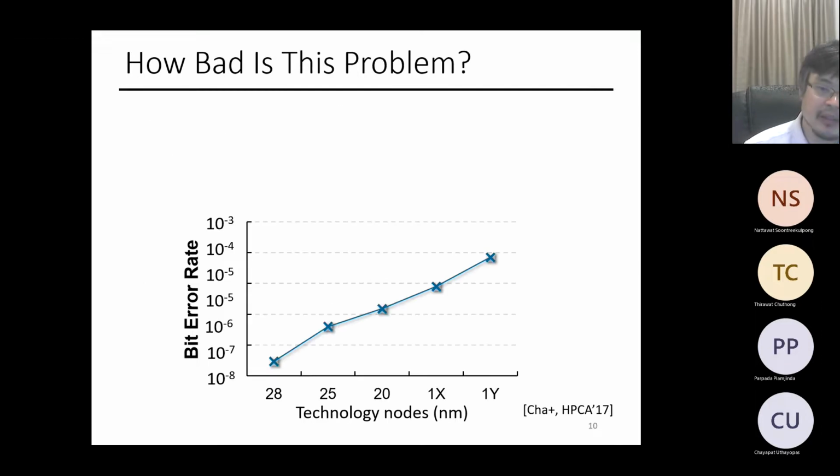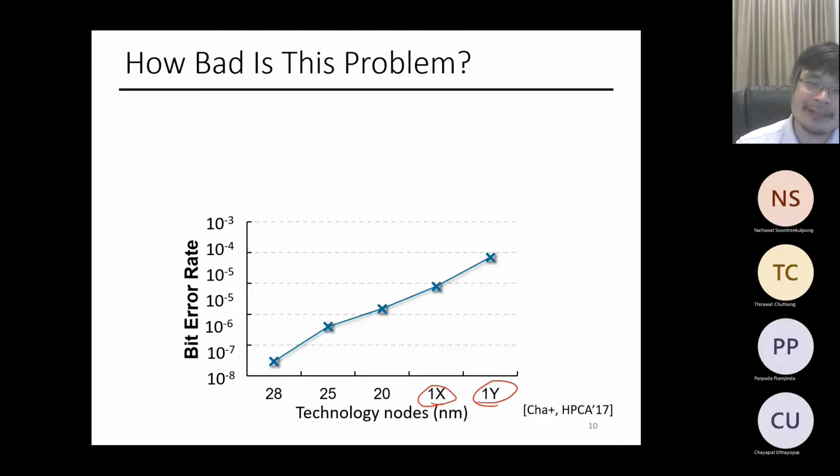So let's look at this particular plot, from HPCA 2017, to show how technology nodes scale as we make the transistor smaller. You might have noticed the plot looks at something like 10-something nanometer, which is actually bigger than what we have right now.